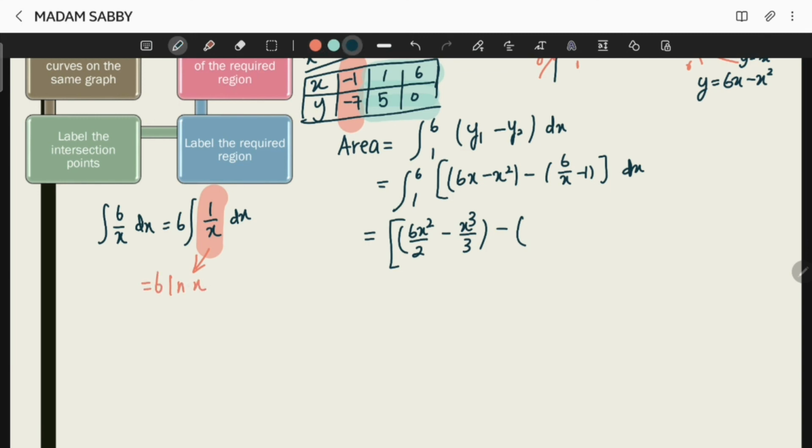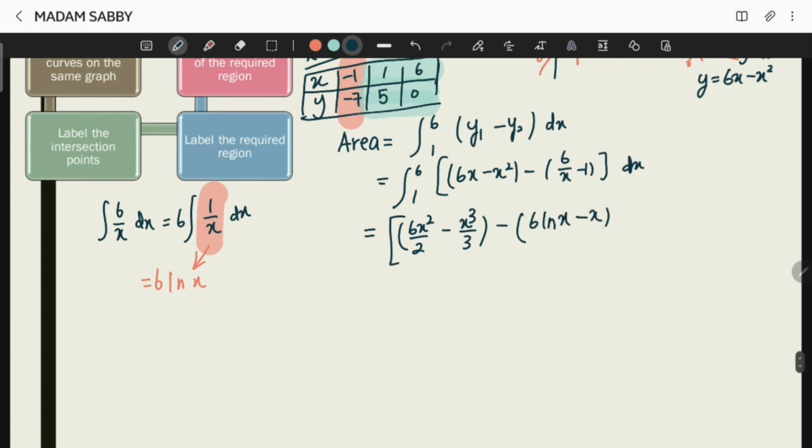So here is 6 ln x minus x, between 6 and 1. Then we can simplify. You get 3x squared minus 1 over 3 x cubed, minus 6 ln x plus x, between 6 and 1. It should be a square bracket for this one.